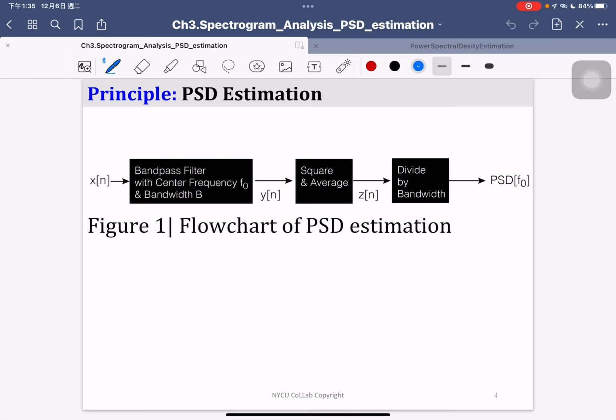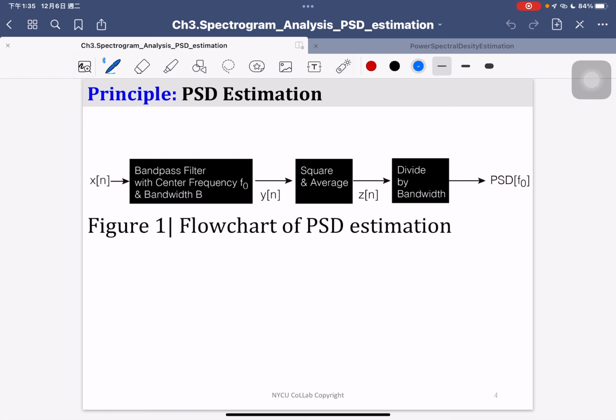Finally, I need to divide the result by the bandwidth, and this is what we call the power spectrum density. So where is the power? Where is the density? Why can we call it the power spectrum density?